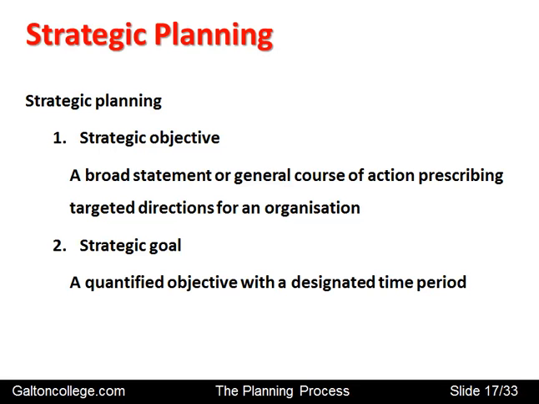The strategic goal, well, normally it's a quantified objective with a designated time period. Quantified objectives tend to be more motivating. If the company says it wants to grow by 10% over the next 3 years, that's quantified, and that can be measured.